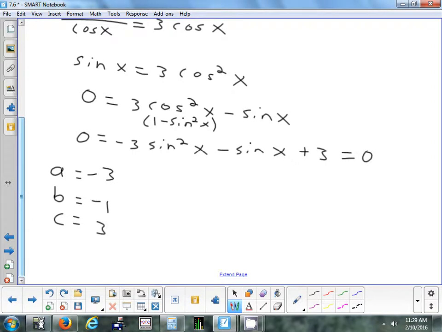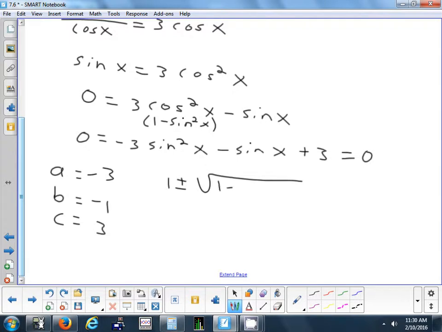Okay, fill that in and see what we get. And when we get our answers, what are we solving for? Well, what's our expression we're solving? Like, are we solving for x? We're solving for sine x. So remember, at the end, we'll need inverse sine.